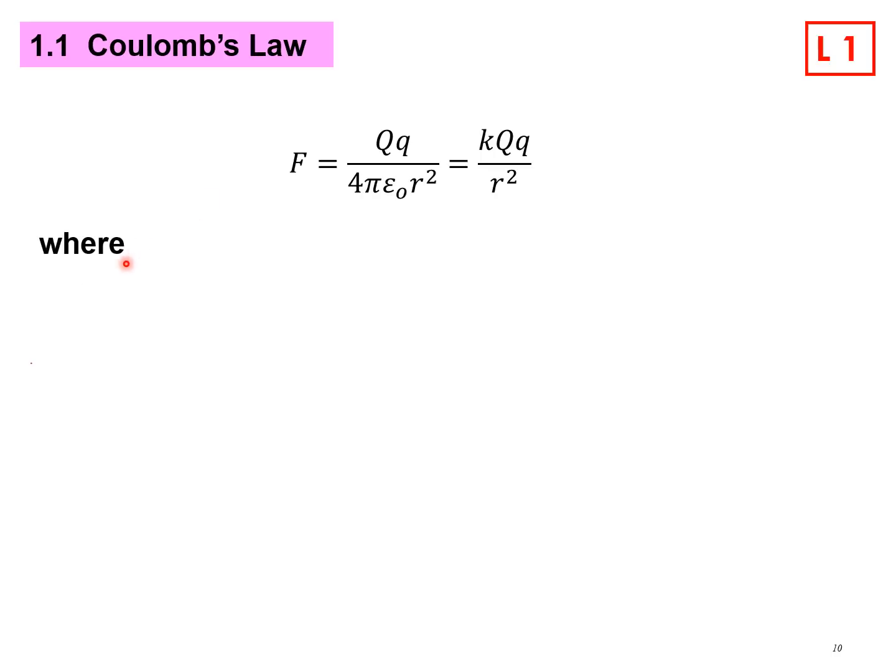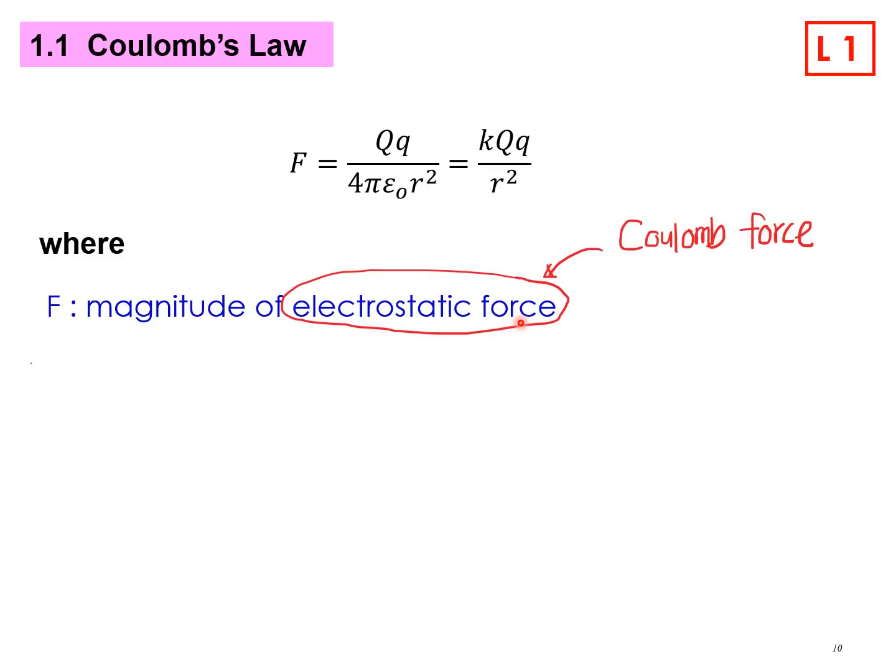So, F here represents the magnitude of electrostatic force, sometimes known as the Coulomb force or electric force. Capital Q and q here represent the magnitude of charge, or normally we represent them with Q1 and Q2.